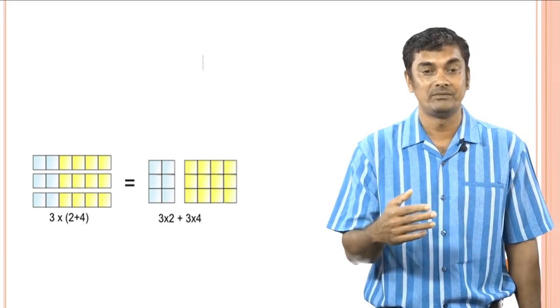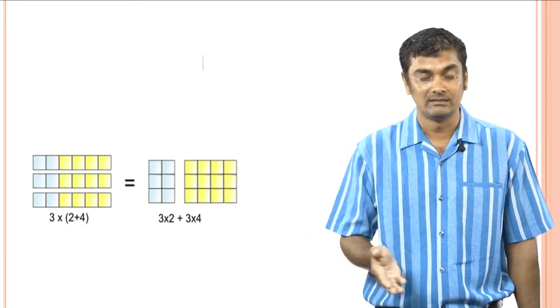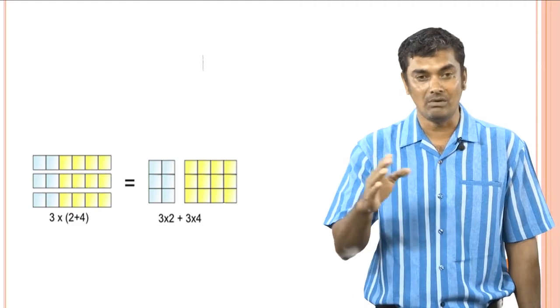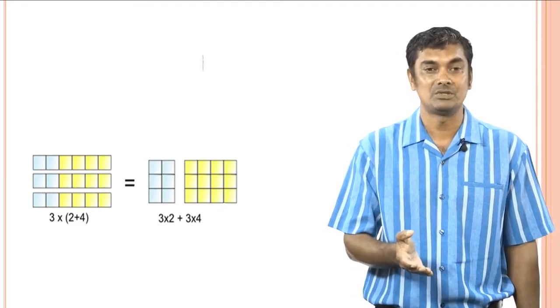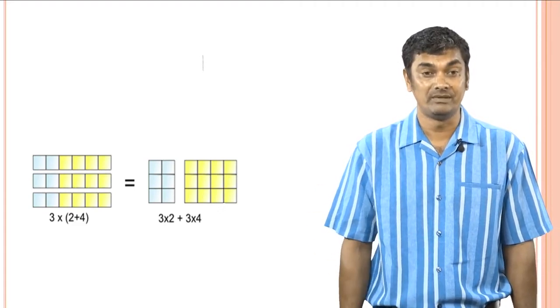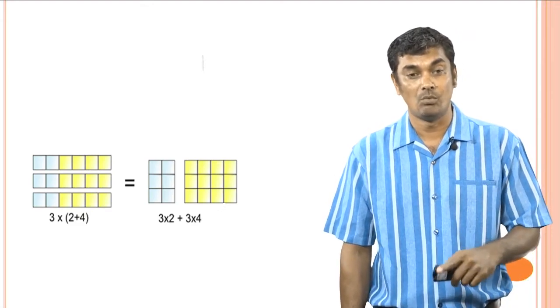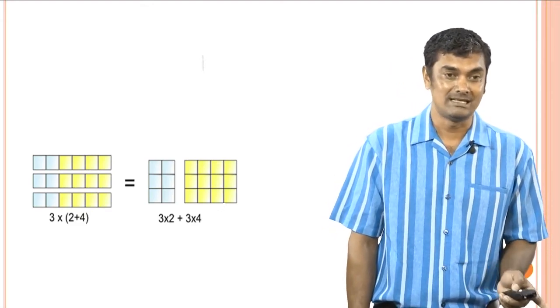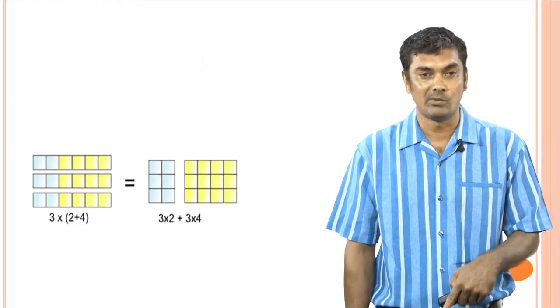It's distributive across the representations here. So distributively, 3 is going with 2 as well as 3 is going with 4.